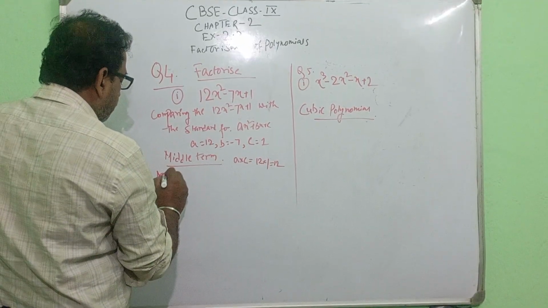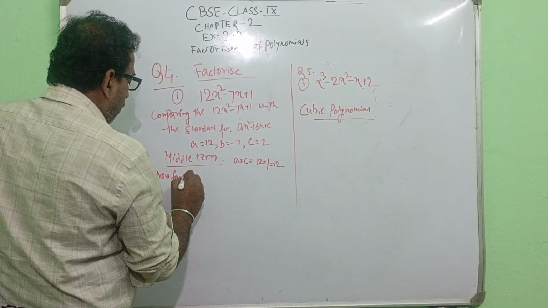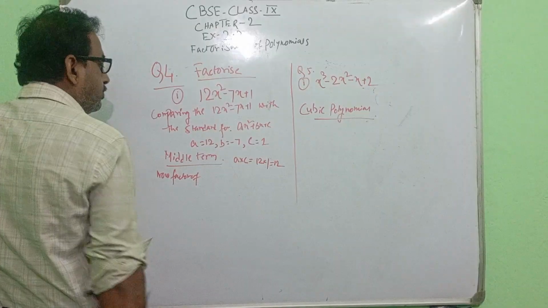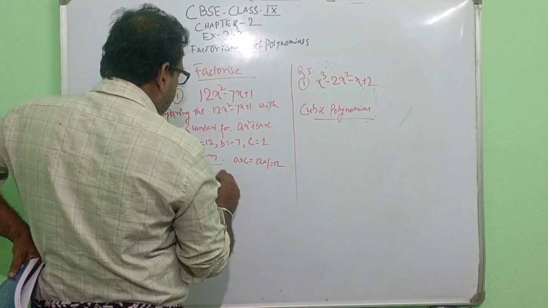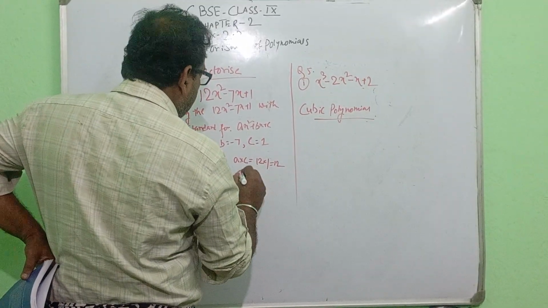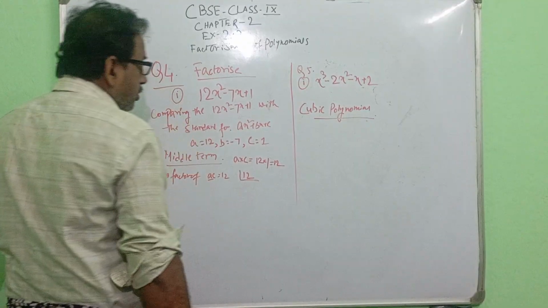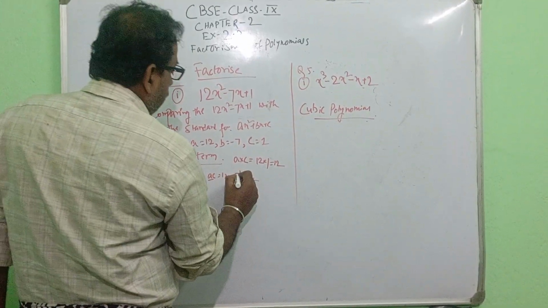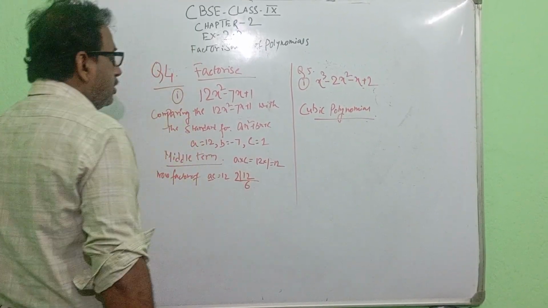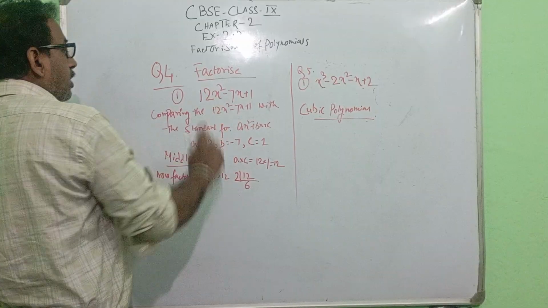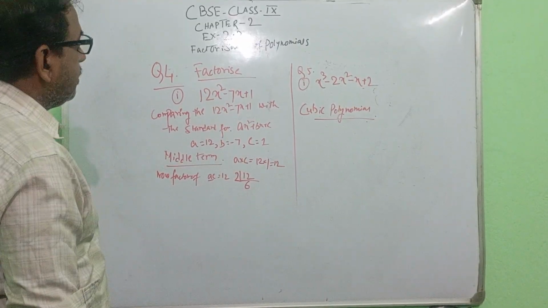Now, the factors of ac, 12. How can you use that? Now, 2 in this way, 2 into 6. 6 plus 2, 7 never comes.